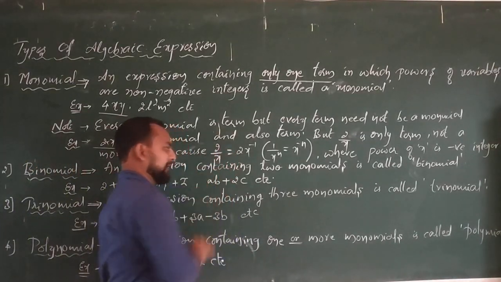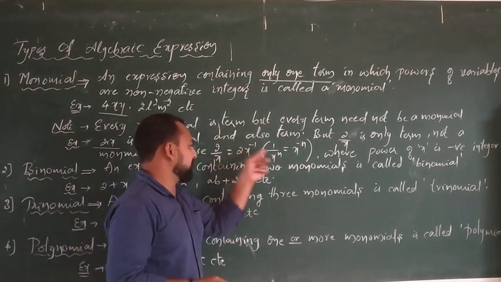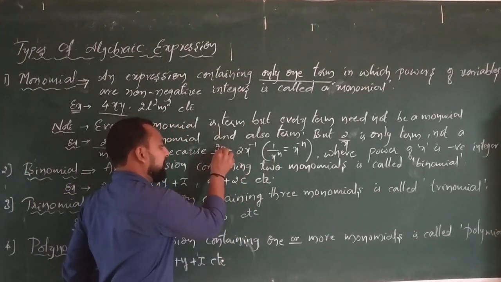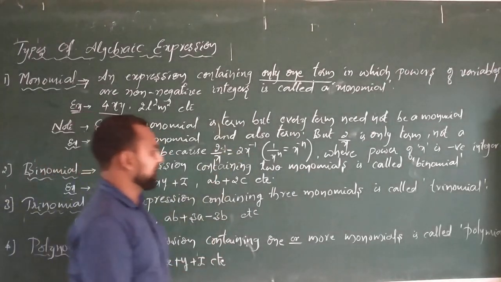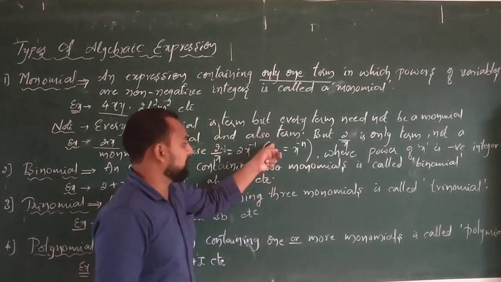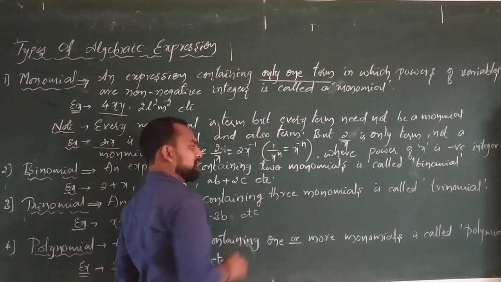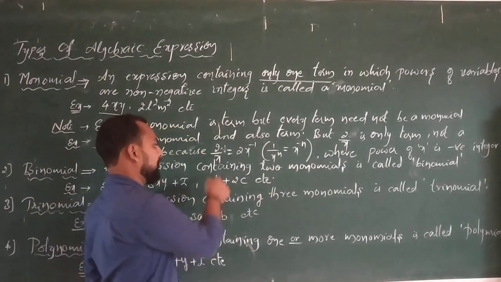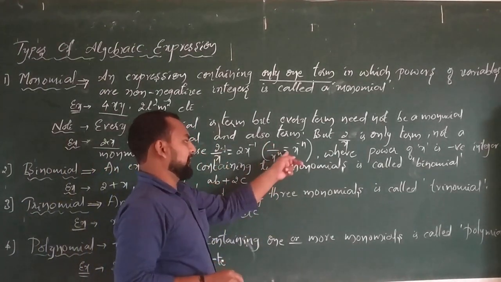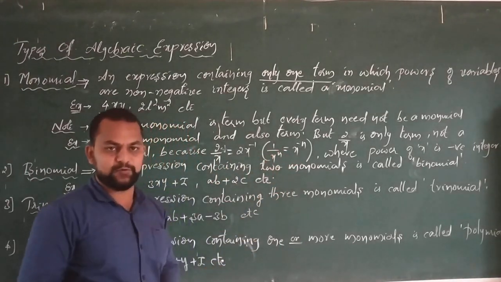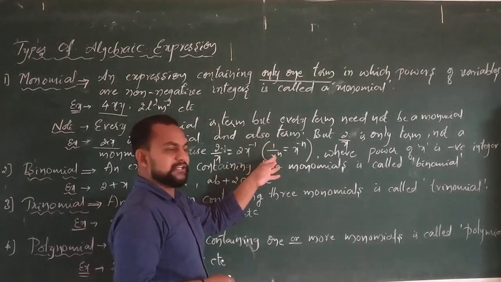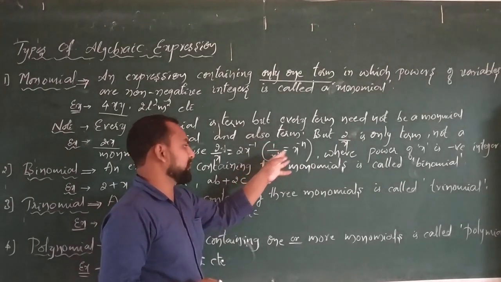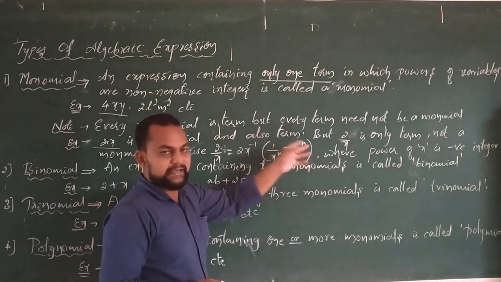because 2 by x is in the form of 2 into 1 by x. Here 1 by x raised to n, the power is n. In the laws of exponent, 1 by x raised to n is x raised to minus n.